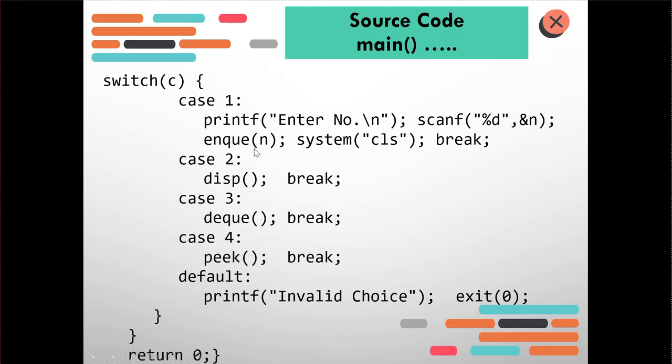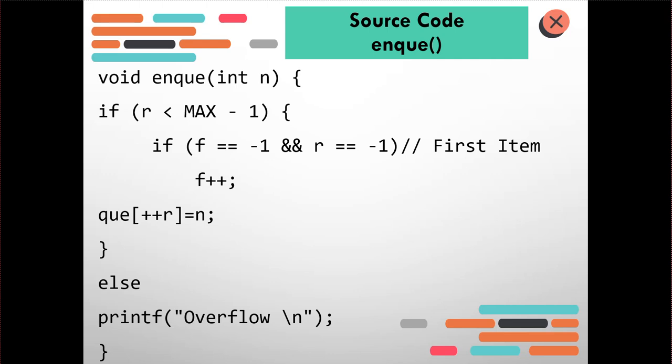In case of enqueue, we have asked for a number and we will be going to that enqueue function with that value. So let us go to that function. So void enqueue, and we are storing that n which was passed by the user. Before doing any insertion, we must make sure that the array hasn't reached full capacity.